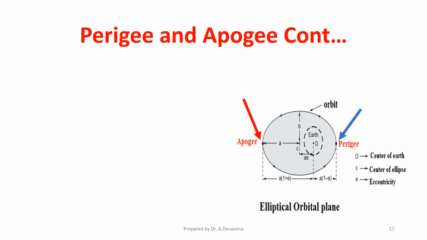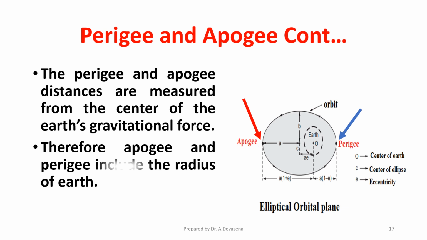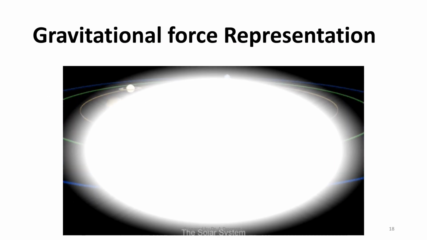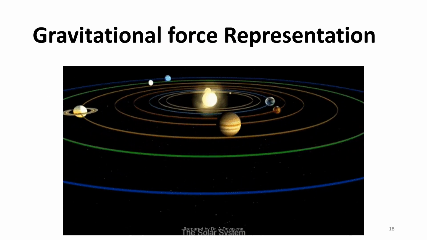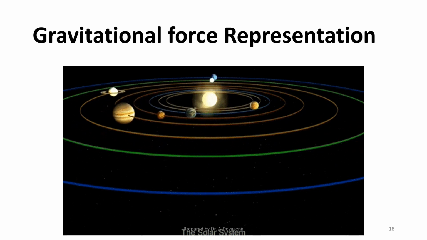The perigee and apogee distances are measured from the center of the Earth's gravitational force. Therefore, apogee and perigee include the radius of the Earth. The gravitational force representation. Example, the solar system. In this solar system, due to the gravitational force, the planets revolve around the sun.